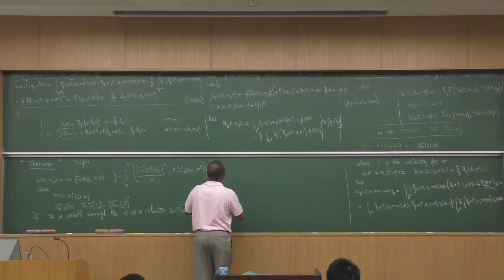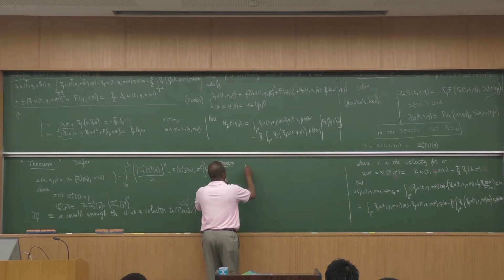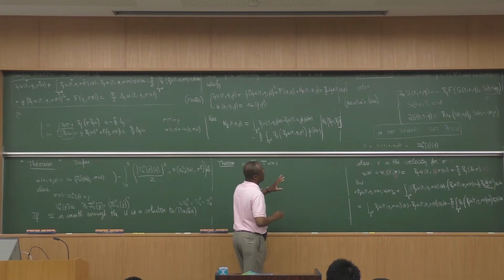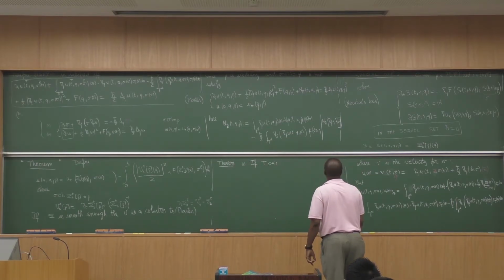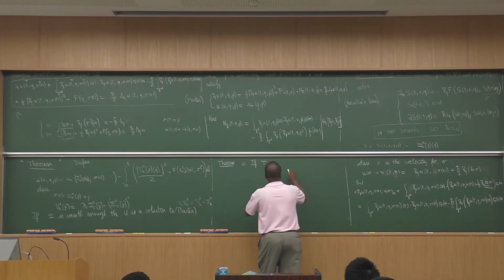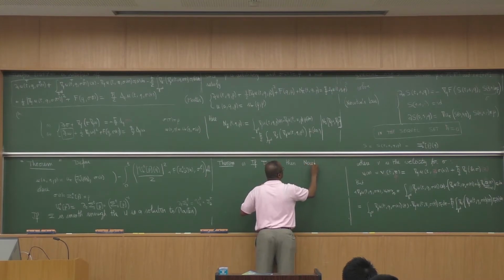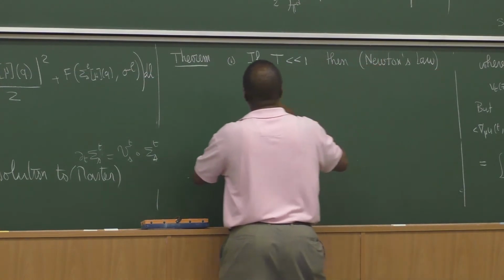Theorem. There exists, if T is small enough, and small enough depends on the data F and U star, then Newton's law has a unique solution.